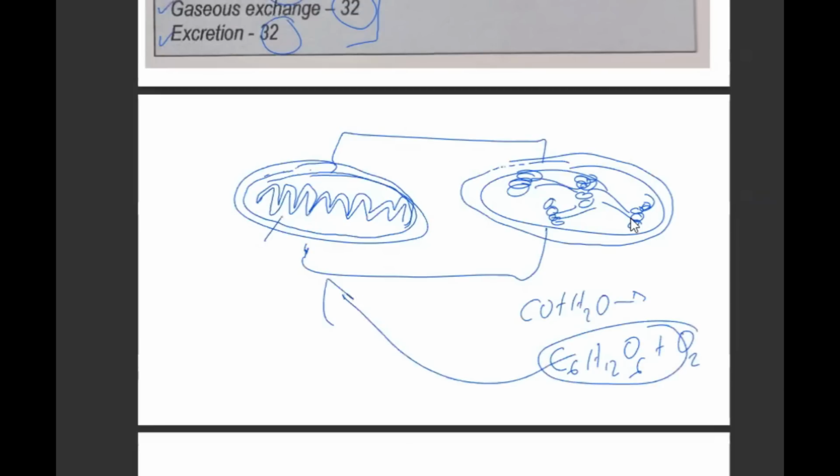This is the one which is being used in what? In respiration. So the product here is being used here. Therefore, I'll have C6H12O6 plus oxygen, giving me carbon dioxide plus H2O plus ATP.